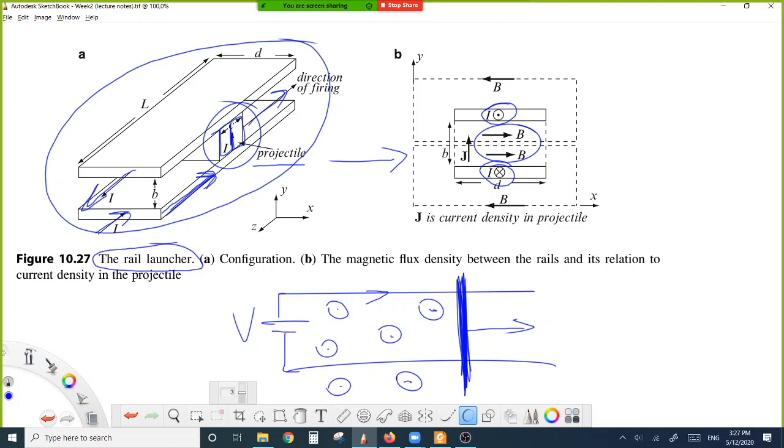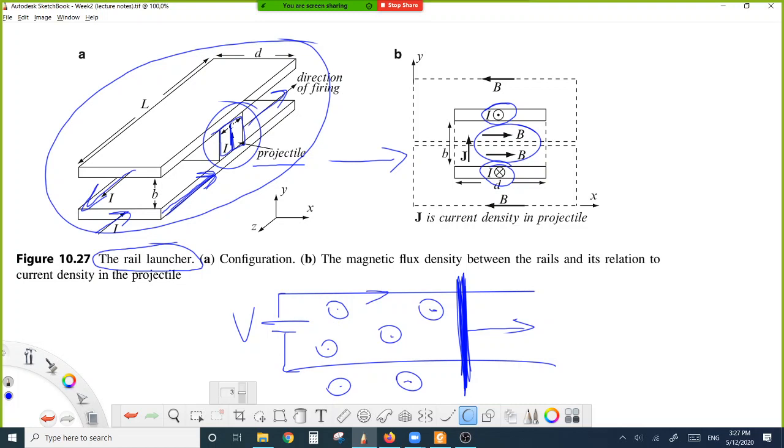This method has been used to demonstrate the possibility of firing projectiles at velocities much higher than it could be possible with explosive methods.